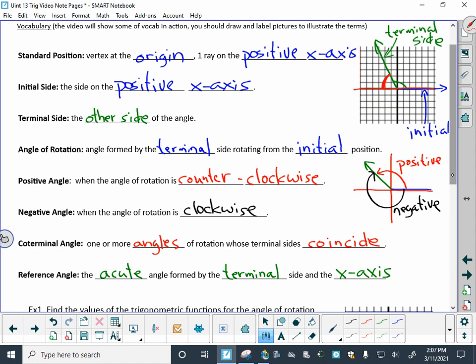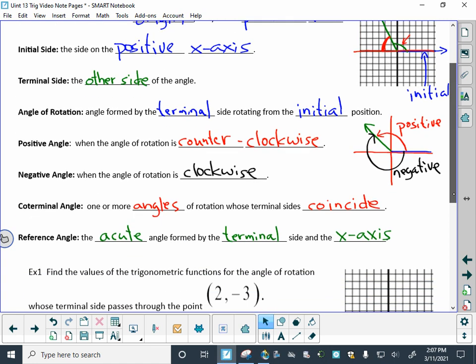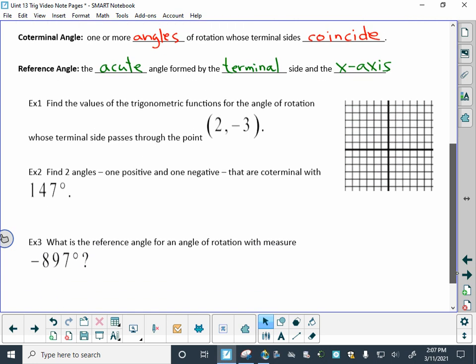In particular, it is the supplement of the angle of rotation that we had marked here with this green terminal side, okay? Sometimes it will be exactly what the angle of rotation was. It just kind of depends on where that terminal side is in relation to the x-axis. So let's try some sample problems here.